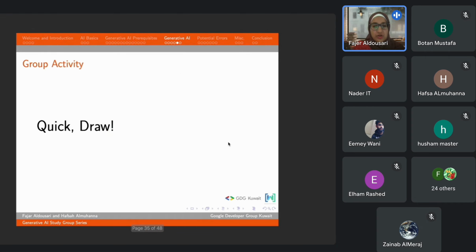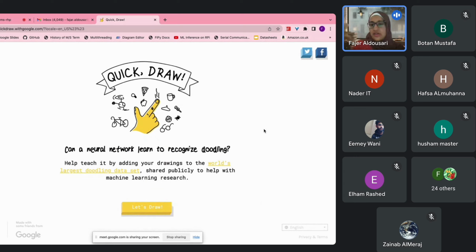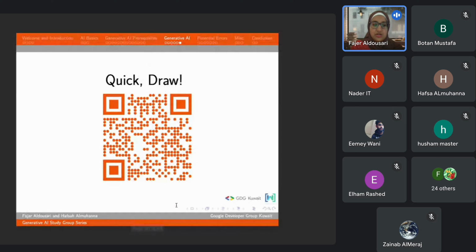In this case, it would be pizza. It tells you to draw pizza, and you draw it. The software will then be able to guess what you're drawing. This is based on neural networks, so as we mentioned, this is deep learning based. I'll give you a few seconds to scan the code so we can start with the group activity.